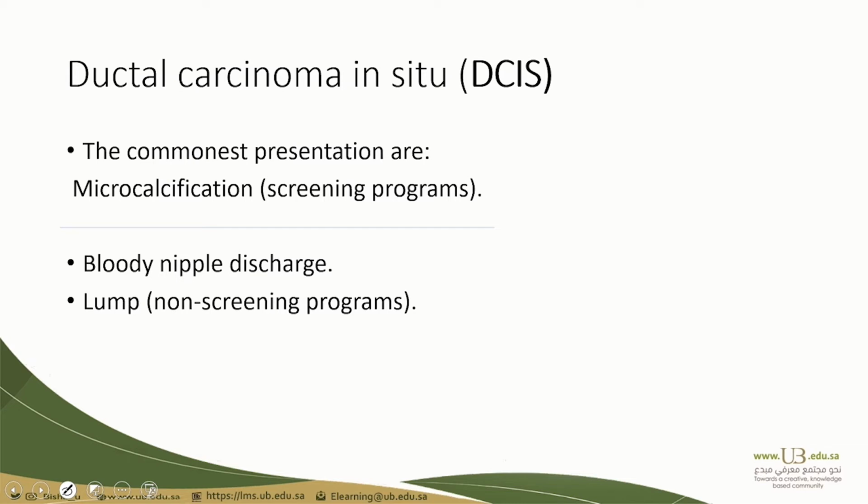So if I have a patient with ductal carcinoma in situ, the commonest presentation of the DCIS is microcalcification in screening program countries. In non-screening program countries, the most common presentation is bloody nipple discharge and lump.